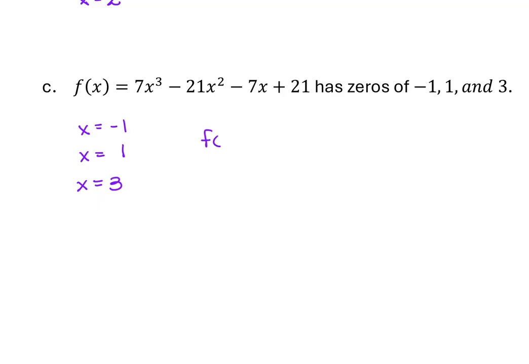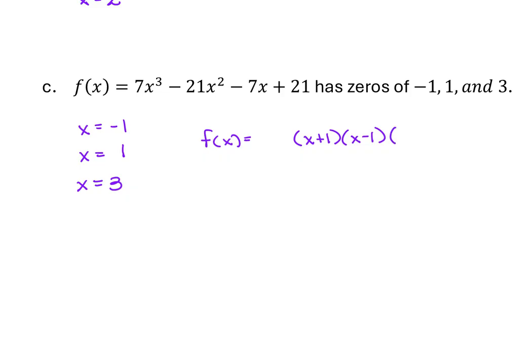All right, so for each one of these, we're going to change them into factors. x equals -1, when we write it as a factor, we're going to write it as x plus 1. We change the sign of the number. x equals 1 becomes a factor of x minus 1.